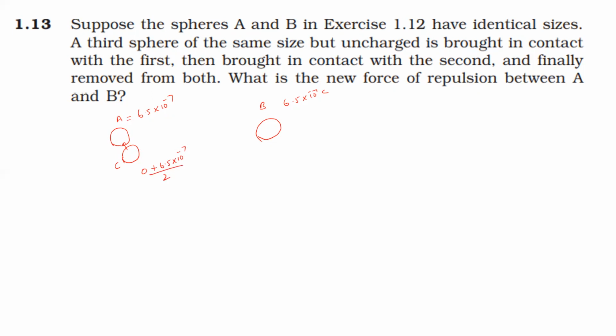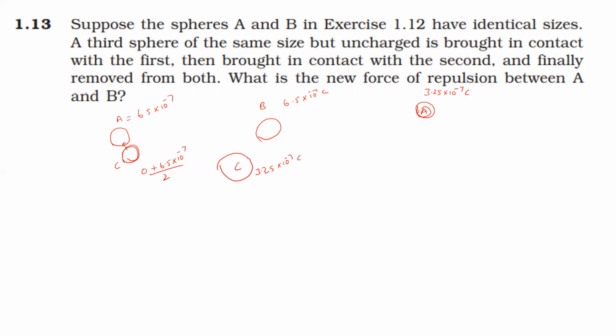That means when we connect sphere C to A, sphere A will acquire 6.5 by 2, which is 3.25 into 10 power minus 7 Coulomb. So this is the final charge on A. Now sphere C also has 3.25 into 10 power minus 7 Coulomb.